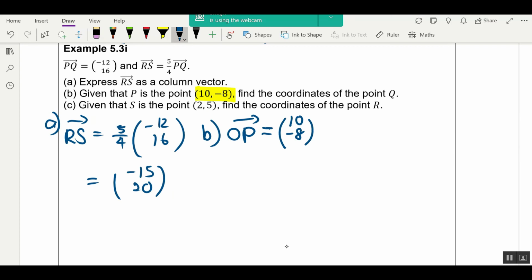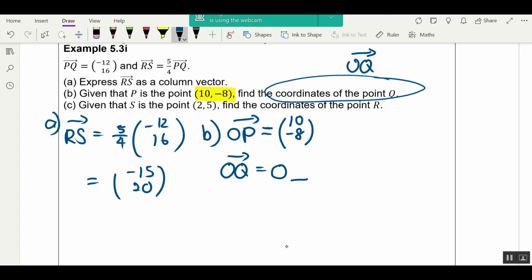Okay, so how do I find the coordinate of Q? If I want the coordinate of Q, means I need to find what is OQ first. So if I want to find what is OQ, it must start from O something plus something Q. These two somethings must be the same because of interchange. Now we realize that we have OP. Maybe we try P: OP plus PQ.